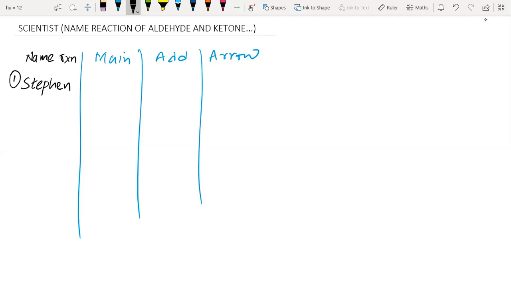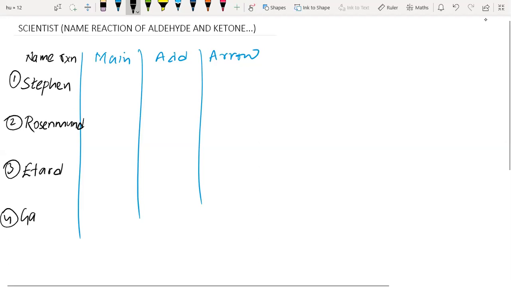Next we have Rosenmund. Then after we have Etard reaction. One more that you know very well, Gattermann-Koch formylation.